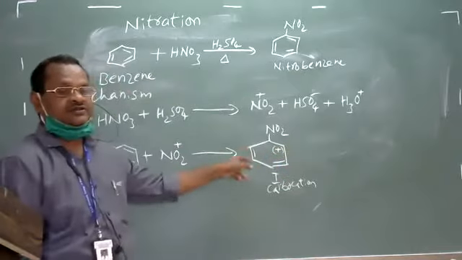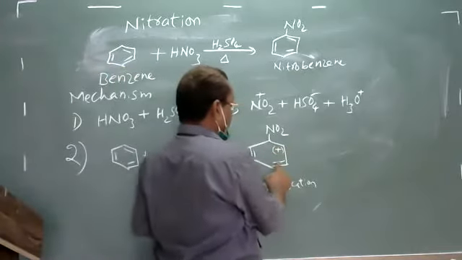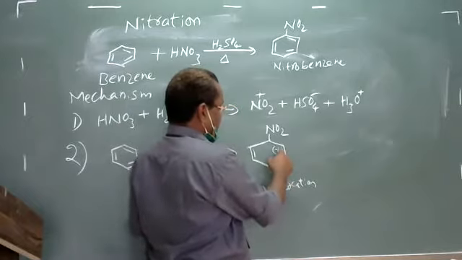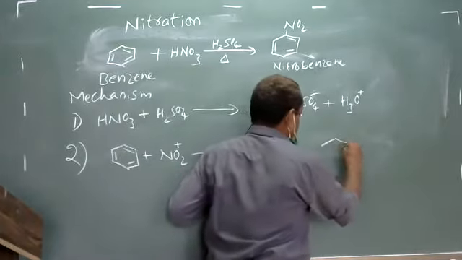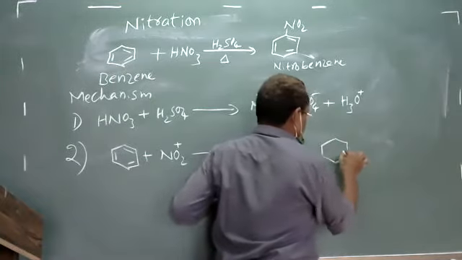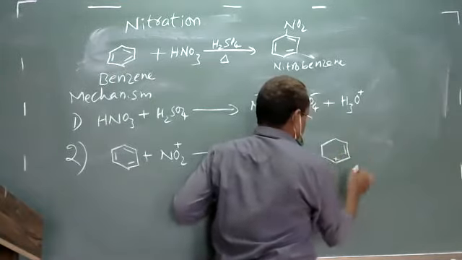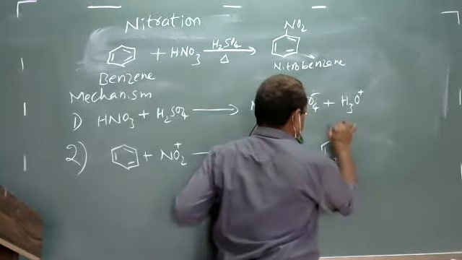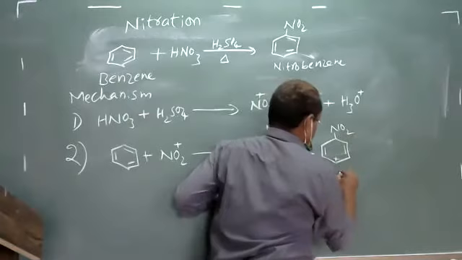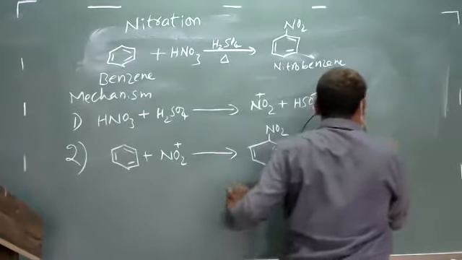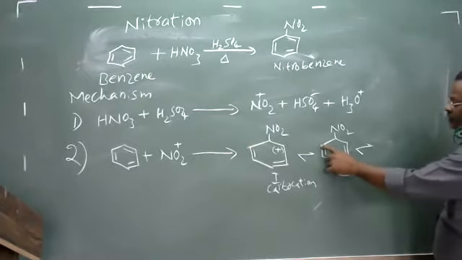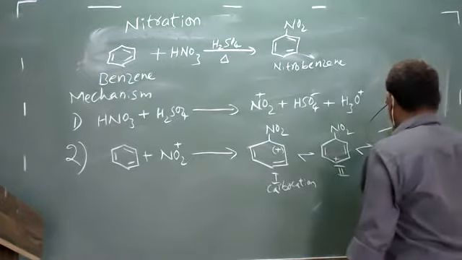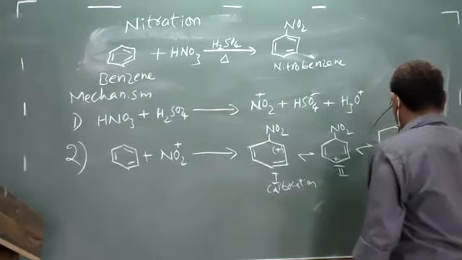This carbocation further undergoes resonance. The pi electrons move from these two carbons to here, and the positive charge shifts from here to here. In this second resonance structure, the pi bond electrons move from these two here to here, and the positive charge shifts from here to here, which leads to the third resonance structure.